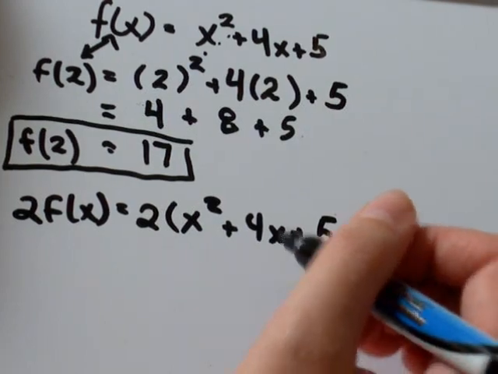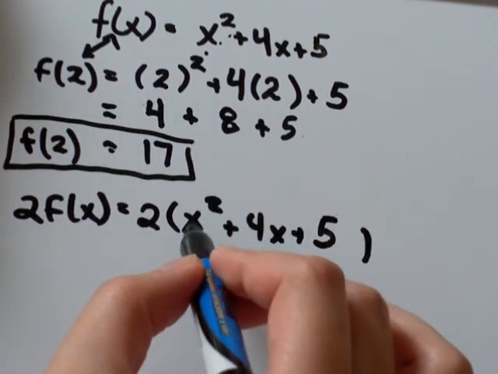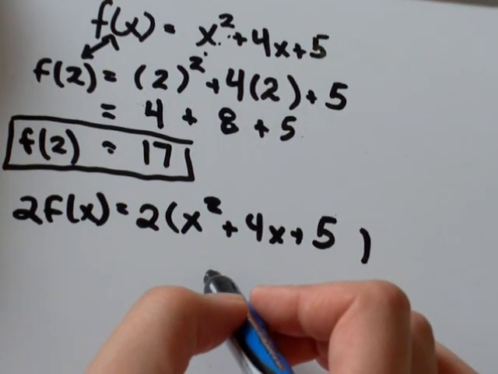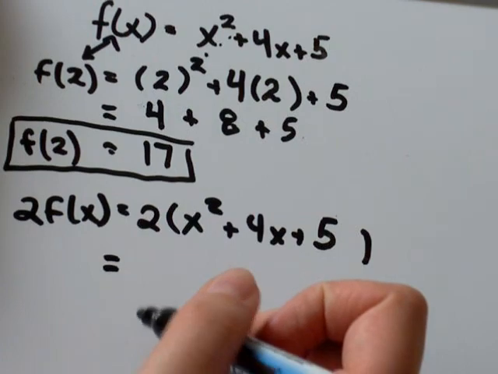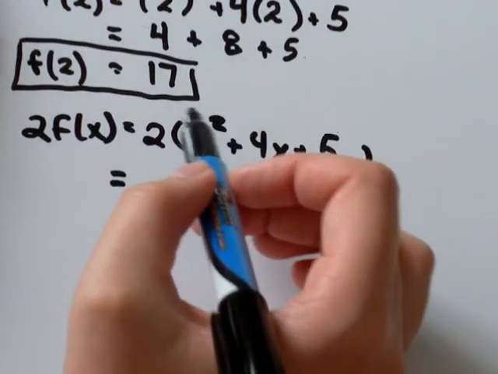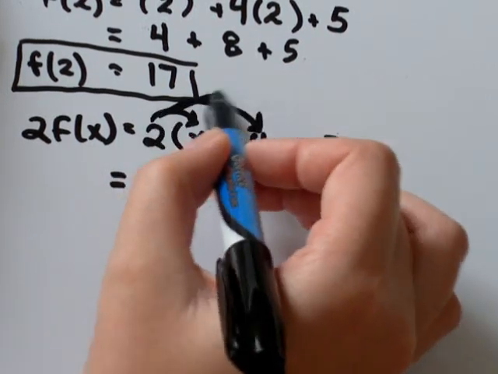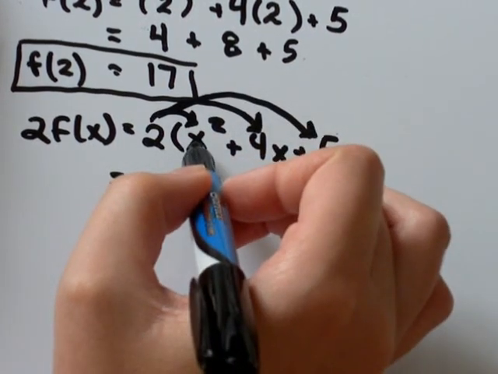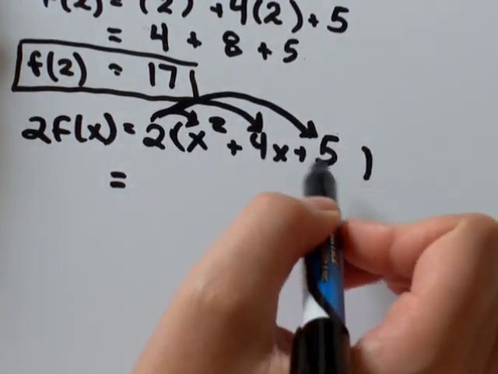Notice in this case we're not saying, like we said before, replace all your x's with 2. In this case, all our x's are coming along with us. So we've got 2 times the quadratic we had. All we're going to do is use the distributive property. We're going to take 2 and multiply it by everything, all the variables and all the numbers inside our brackets.